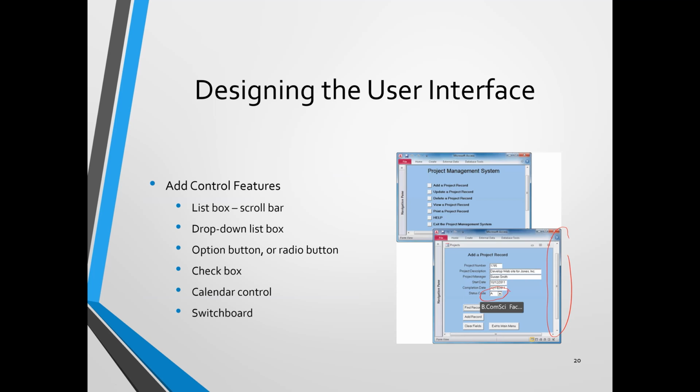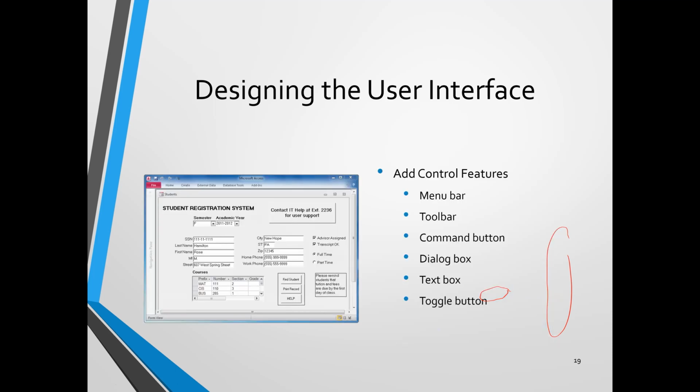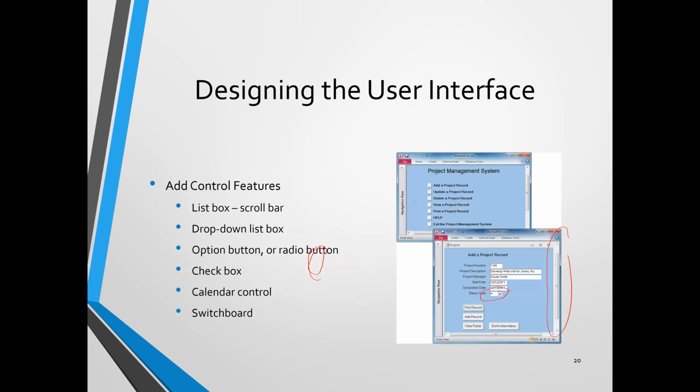Okay, next, option button or radio button. It's found from the previous page. This is the radio button here, where you can choose one out of the choices. In this example it's either full-time or part-time only that you can enter.